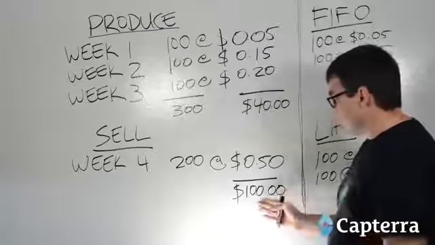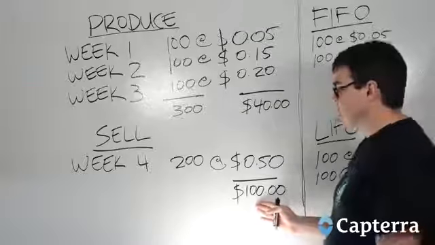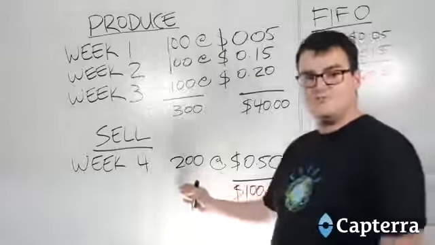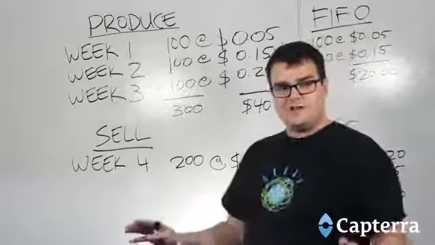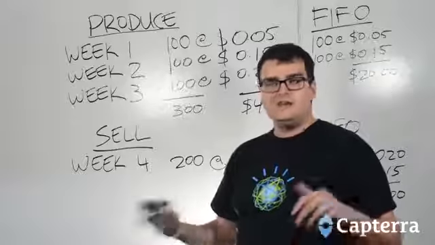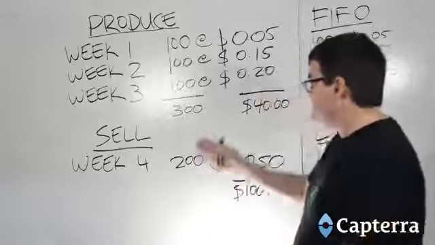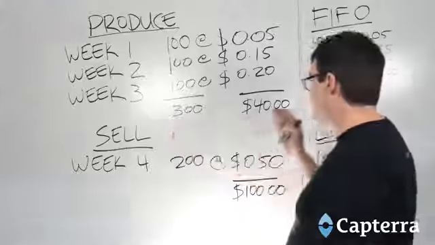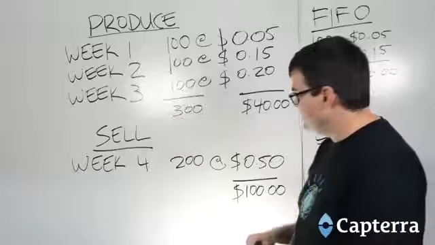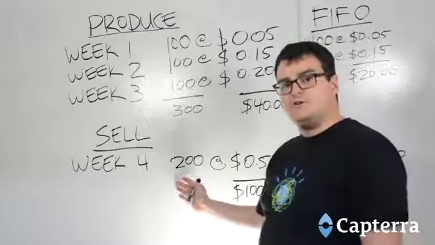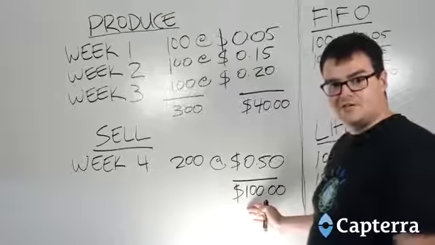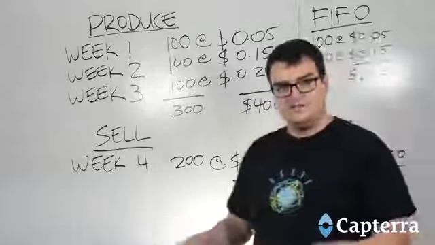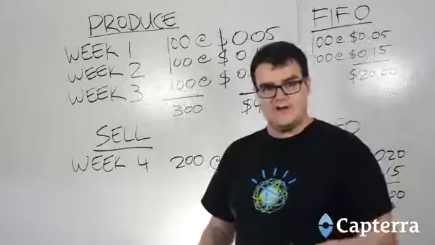In total, we bring in $100 in sales for selling 200 of our ping pong balls. All right, so right now we're at a set of unassailable facts. We have made 300 ping pong balls, and it cost us $40, period. We've sold 200 ping pong balls, and we made $100 off that sale, period. There's no ifs, ands, or buts about this.